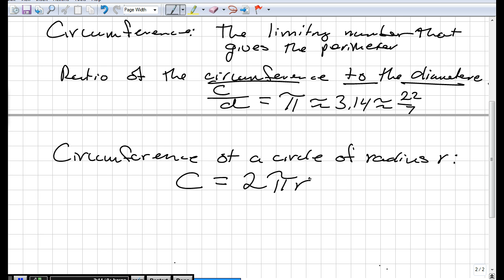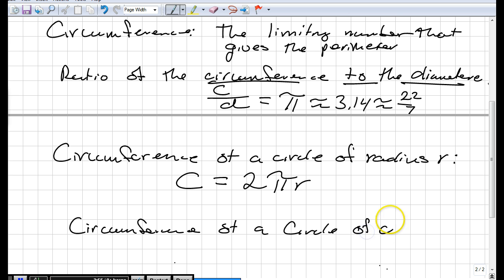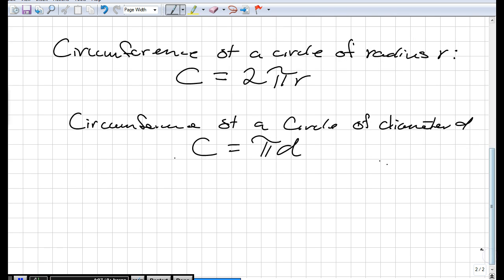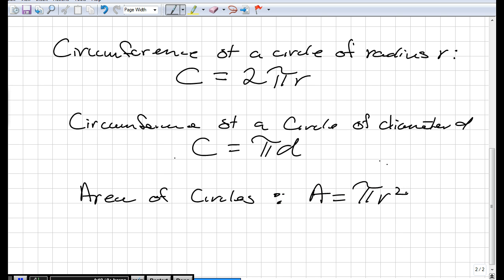If we're talking about a circle with diameter, then circumference is pi times the diameter, okay? And the formula for area of a circle is area equals pi r squared. That's easy to recognize because remember, area is always squared, okay?